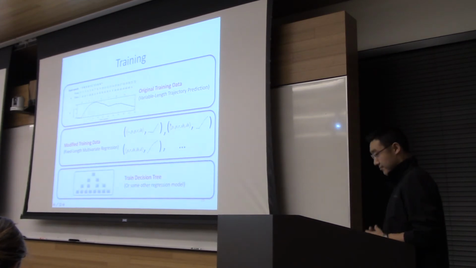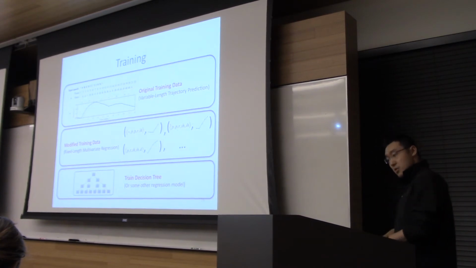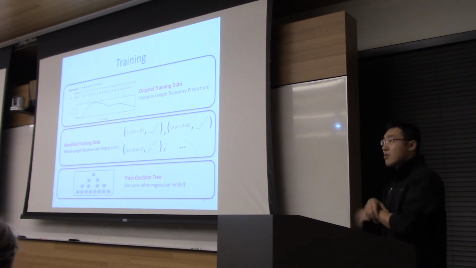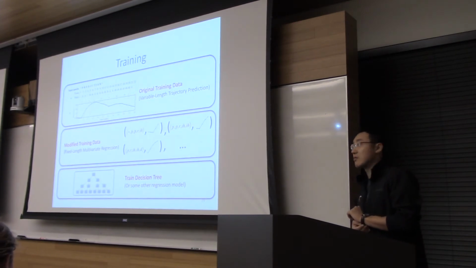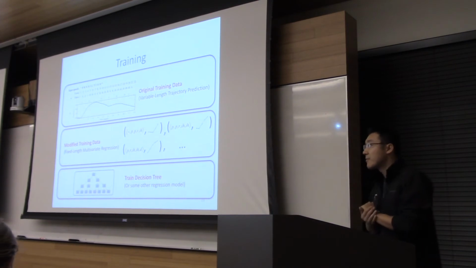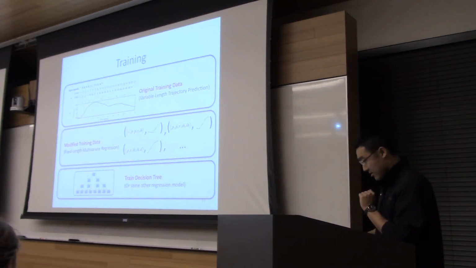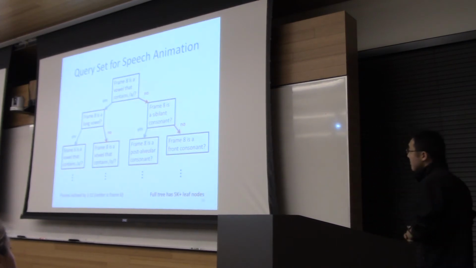And that's it. If we fit a decision tree, one question is what the query set should look like. This is a regression problem, so the impurity criterion is just multivariate squared loss. That's pretty simple. But the query is a little bit complicated, or can be.